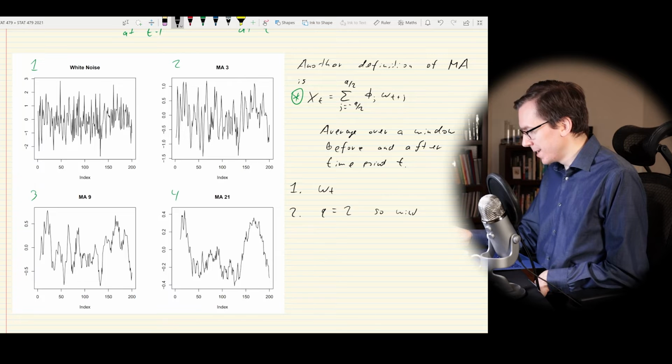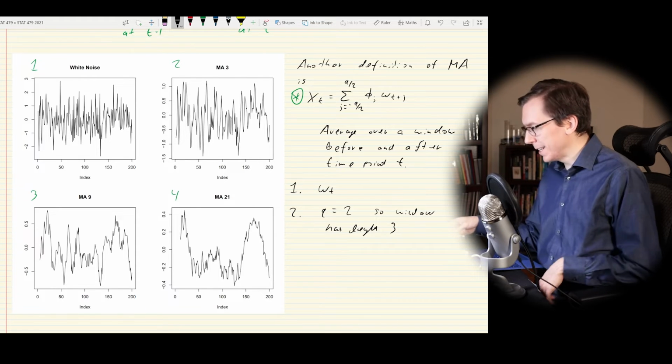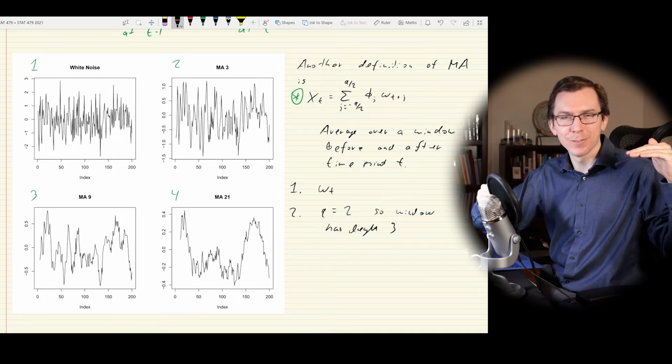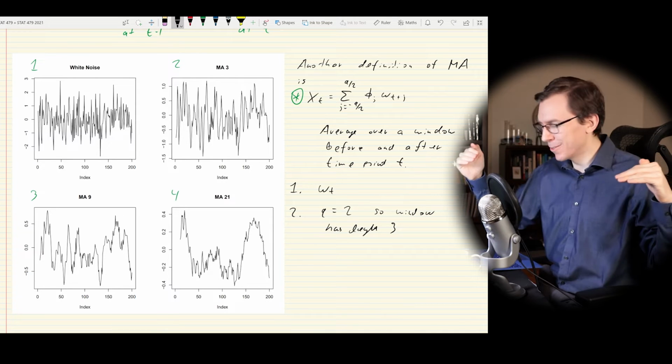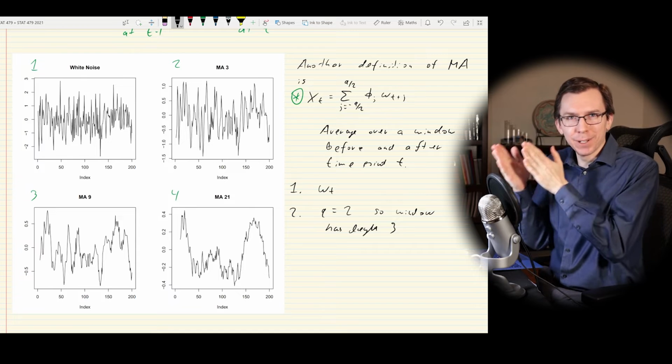So the window has length 3, because we're going from minus q over 2 to plus q over 2. In this case, they would be minus 1, 0, and plus 1.